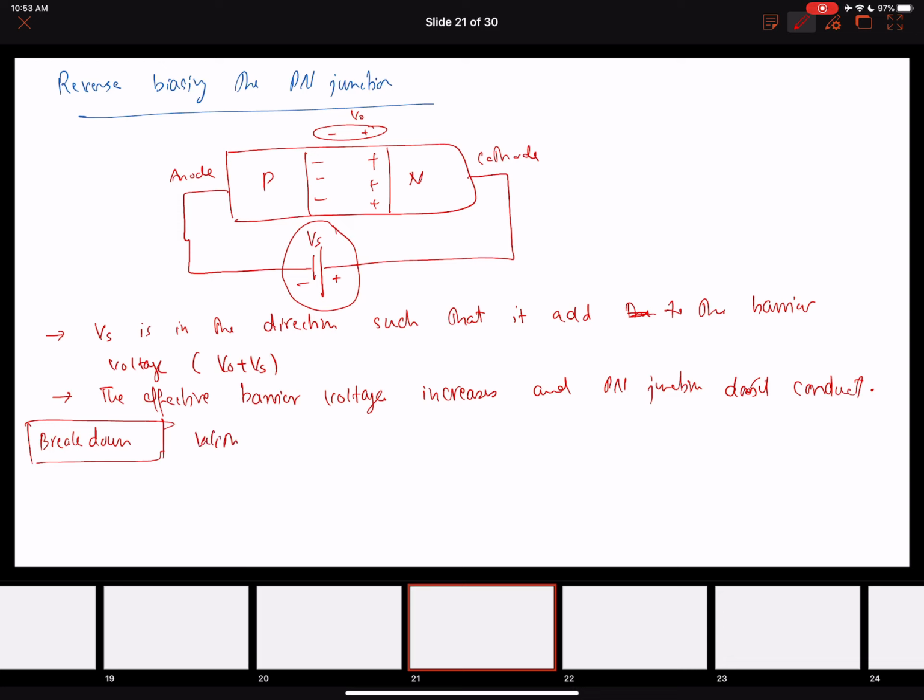So with increased reverse voltage, right? In a reverse bias condition, the Vs is the reverse voltage. So if we continue to increase the reverse voltage, the electric field intensity will increase. The electric field of the barrier increases.